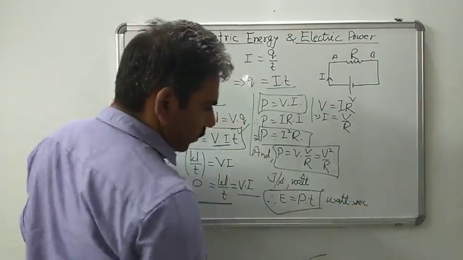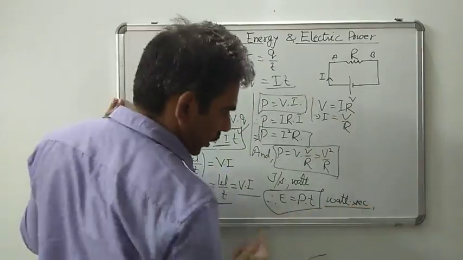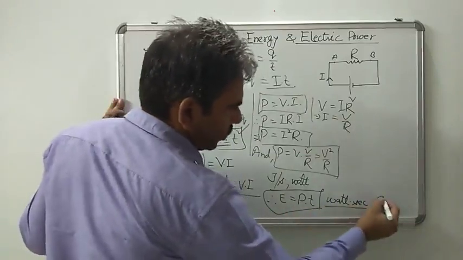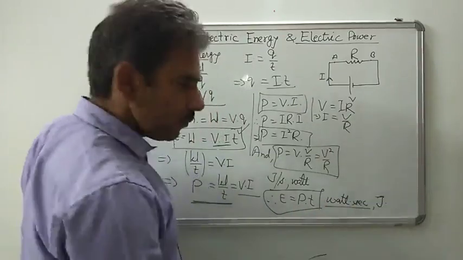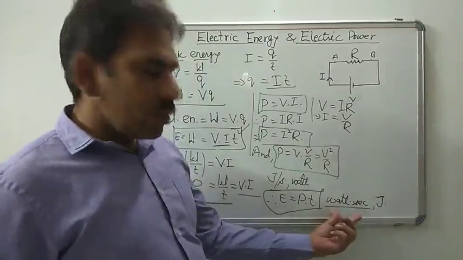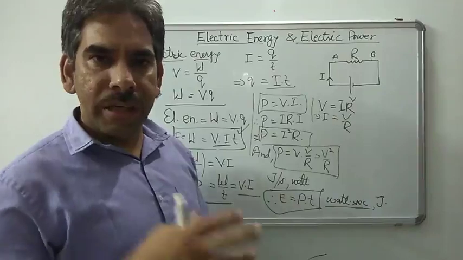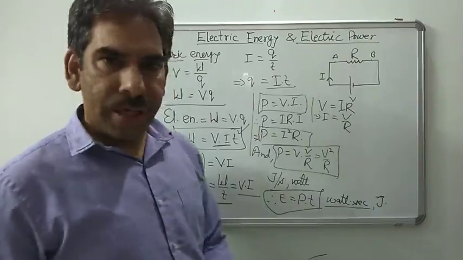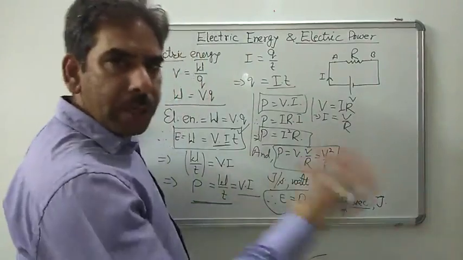So the units for energy consumed are watt second, and we already know that the units for energy are also joules. So either we say watt second or joule. But for practical purposes, this unit is so small that the numbers become very large in our daily life. So for that we make use of a bigger practical unit.